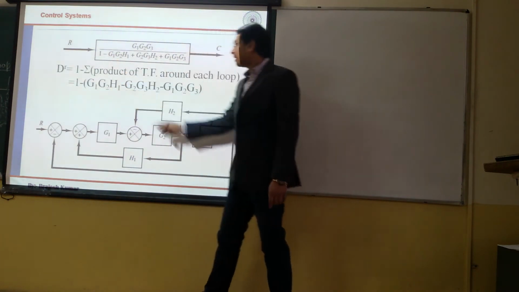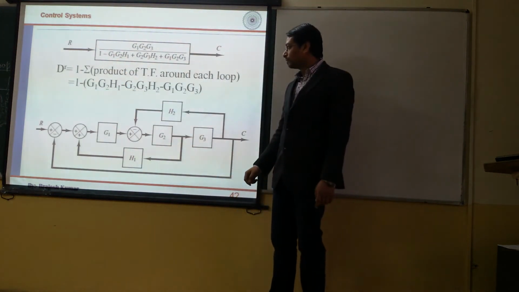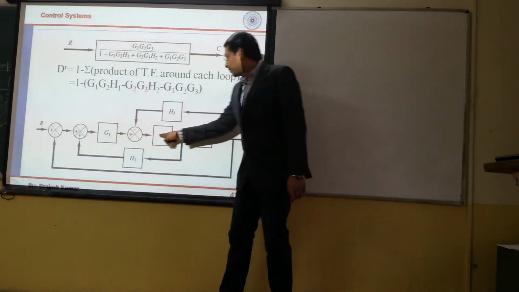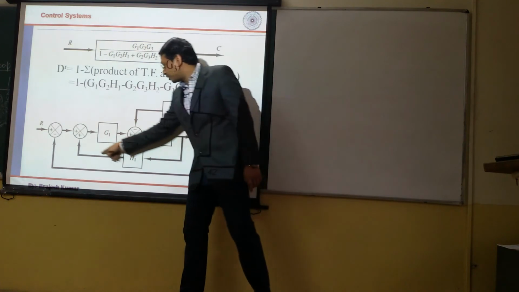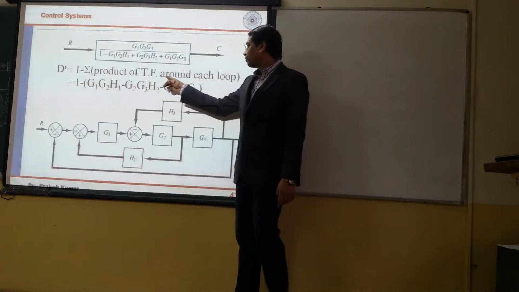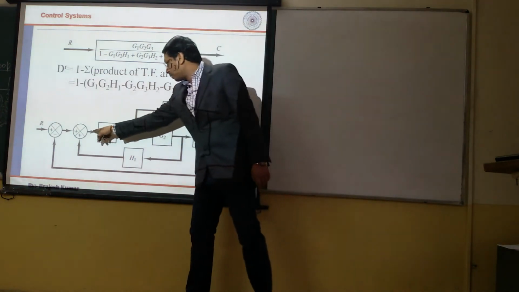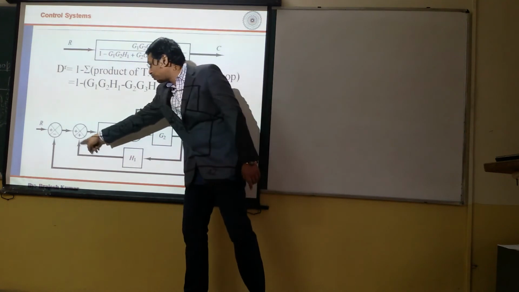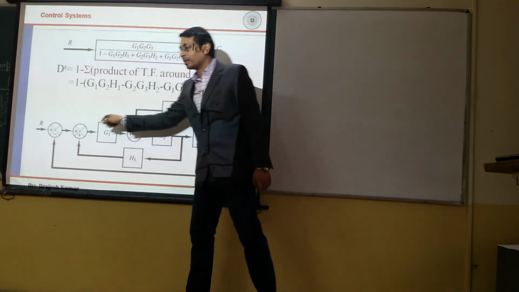So what do you get? 1 minus G1, G2, H1. See, G1, G2, H1. Being applied in feedback, product of transfer function around each loop means one loop is being completed. G1, G2, H1. Here it is positive, so it will remain positive.